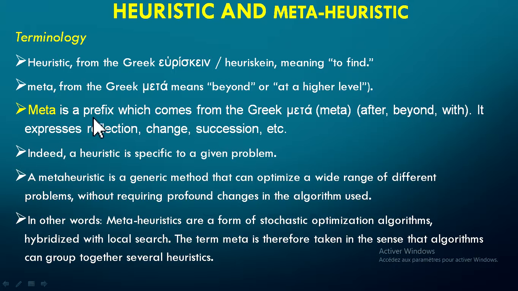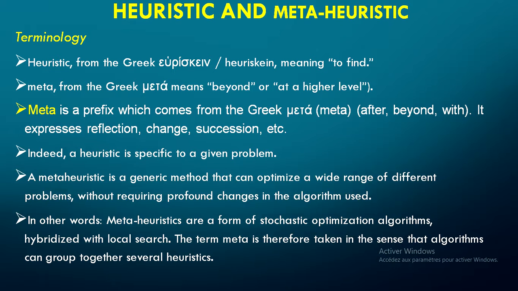So meta is a prefix which comes from the Greek. It means after, beyond, with. It expresses reflection, change, succession, etc. This prefix is used a lot in computer science in different approaches or modules.